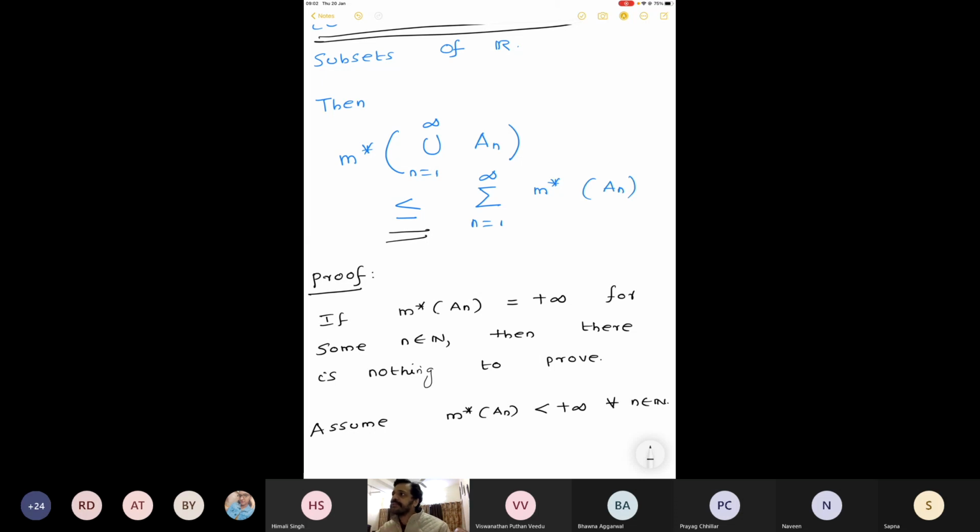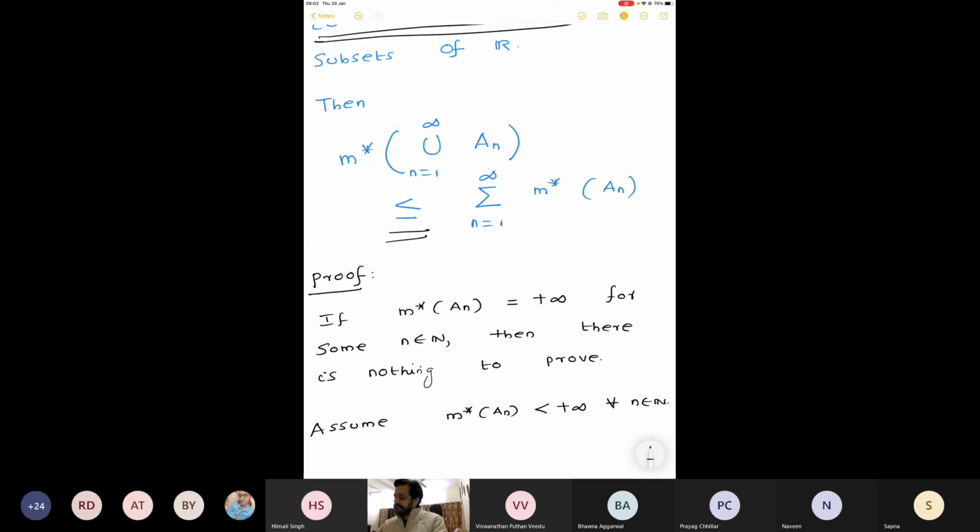So a natural question that we should ask is whether, from a countable collection of open intervals covering a single A_n, I can get a countable collection of open intervals covering the union. From the covers of the single elements A_n, I would like to get covers of the union and then relate them.